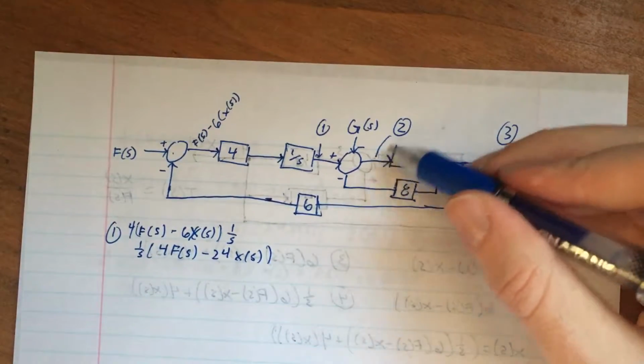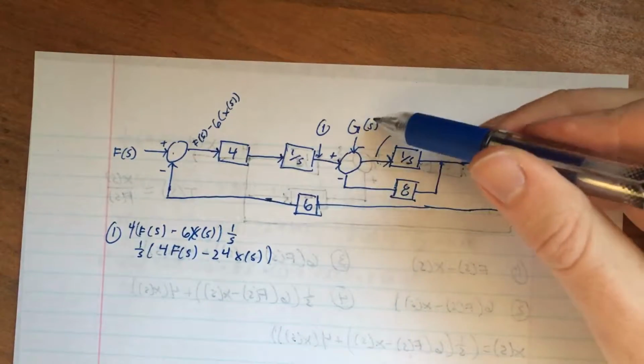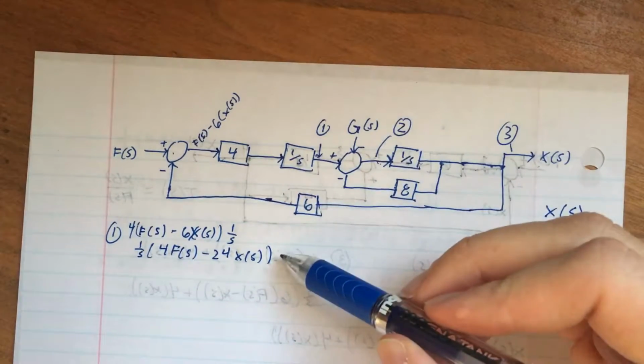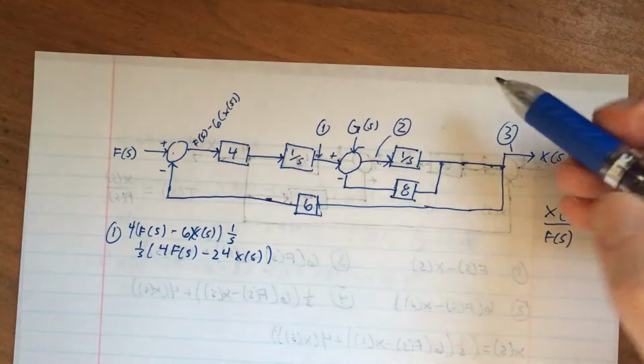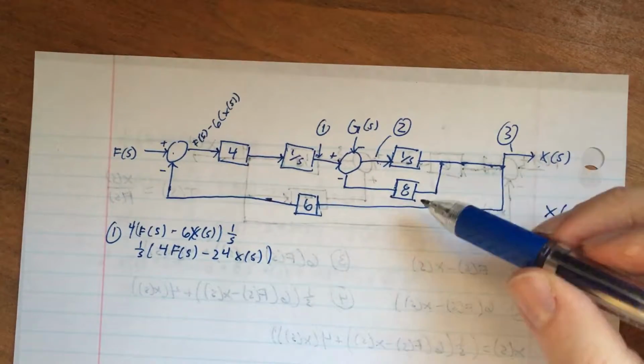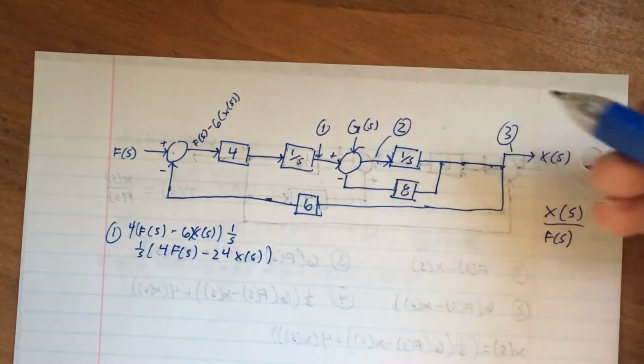Okay, then at point 2, right here, we go through a summer. So we add negative G(s), everything that came from point 1, and we also add negative 8 times X(s). So X(s) comes through here, multiplied by 8, and we subtract it.